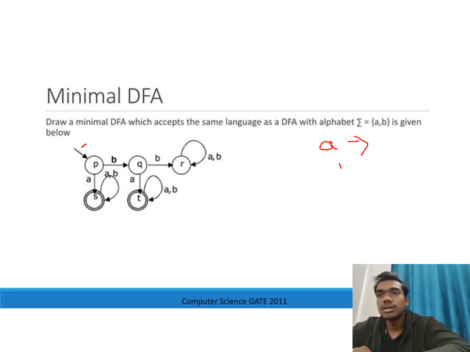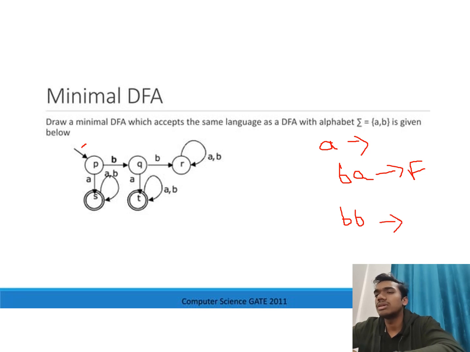Okay, no problem. If the string starts with B and then A is coming, it's going to the final state. After B, A is coming, then again going to the final state. Okay, great. And in this case, if after B, B is coming, meaning two consecutive B's, then it will be going to the dead state.